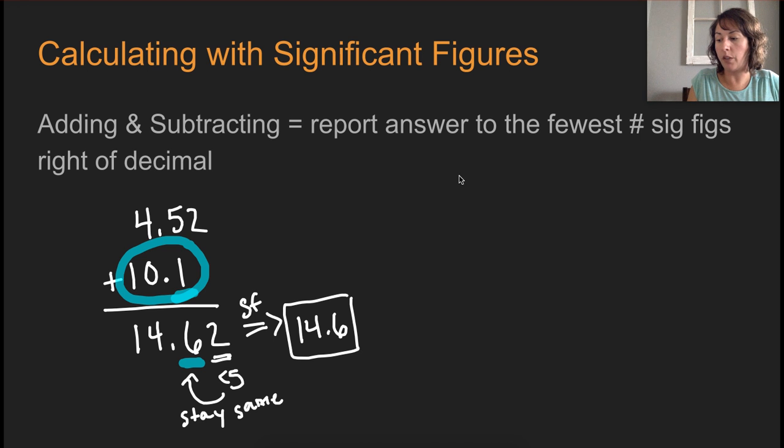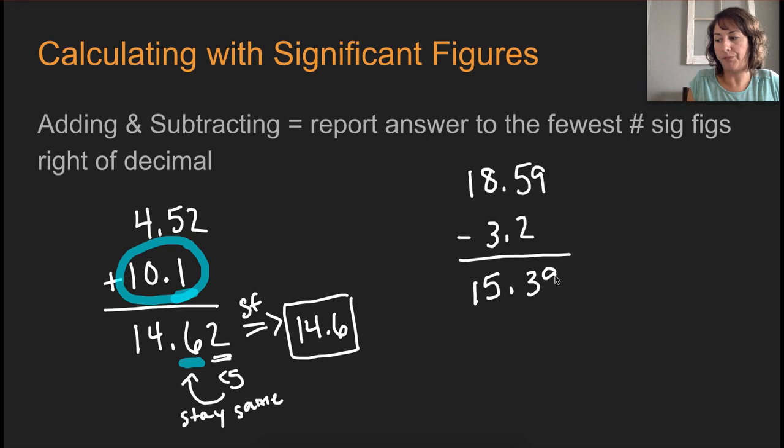So with subtraction, we're going to have the same rule as with addition. So we're going to have 18.59 minus 3.2. Okay. And so that gives us 15.39. Again, this number here has the fewest number of significant figures right of the decimal. So we only have one right of the decimal.